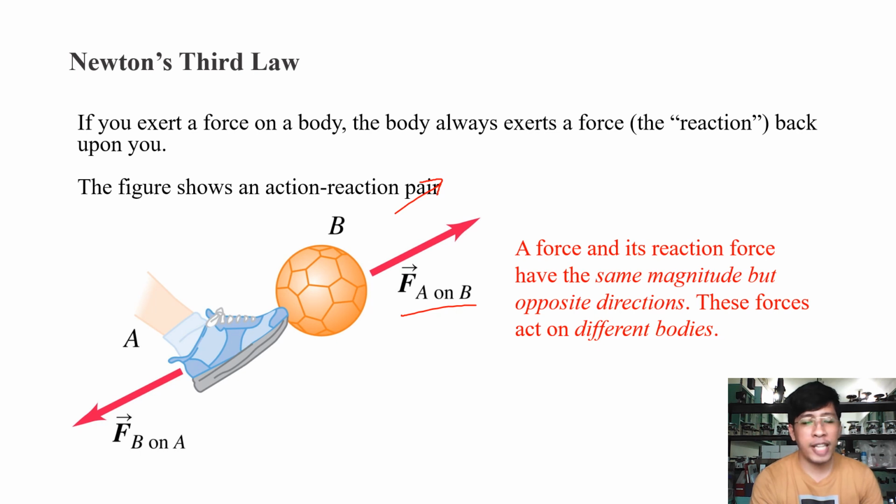So the ball applies a force F B on A. It applies a force on you in the same magnitude but in opposite direction. But you are not actually being kicked backwards by the ball, right? What you actually experience is that if you kick the ball harder, your foot will hurt more.